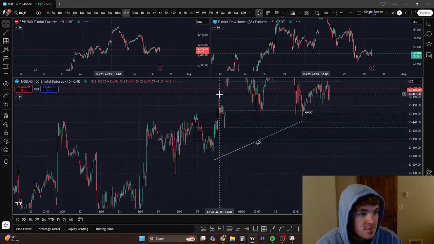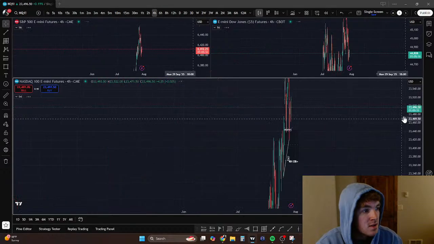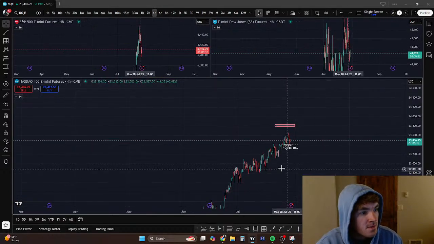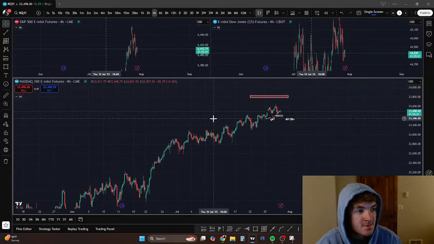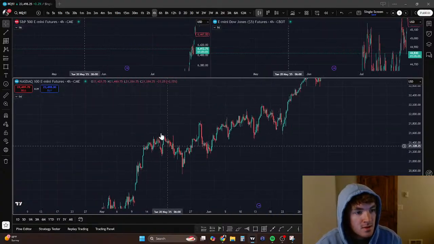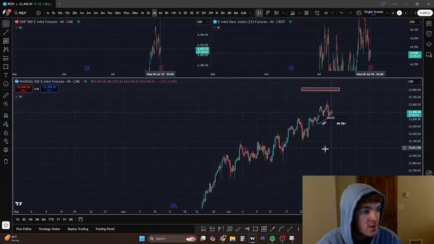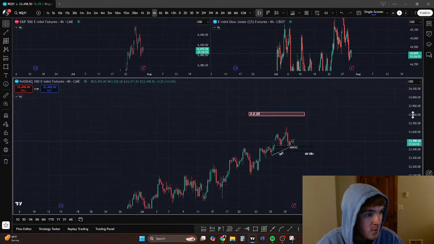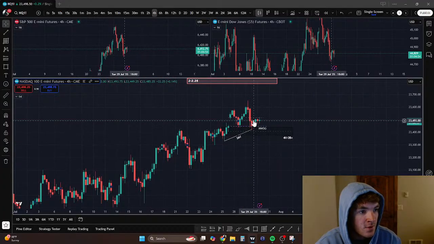We're just in such a bullish uptrend. I don't know if the bearish SMT is going to hold. It very well could, I'm not saying it can't. This is a 4-hour fair value gap, to be fair.